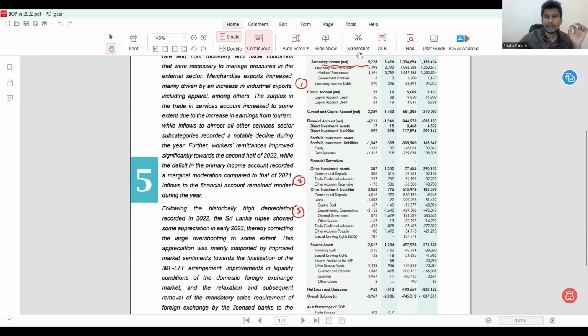After all, we have another one here, that's this net errors and omissions. So if you have all these 4 balances, the current account balance, the capital account balance, the financial account balance, and the net errors and omissions account balance, you can present the balance of payment exactly in this way. Right. So let's go back to the question.